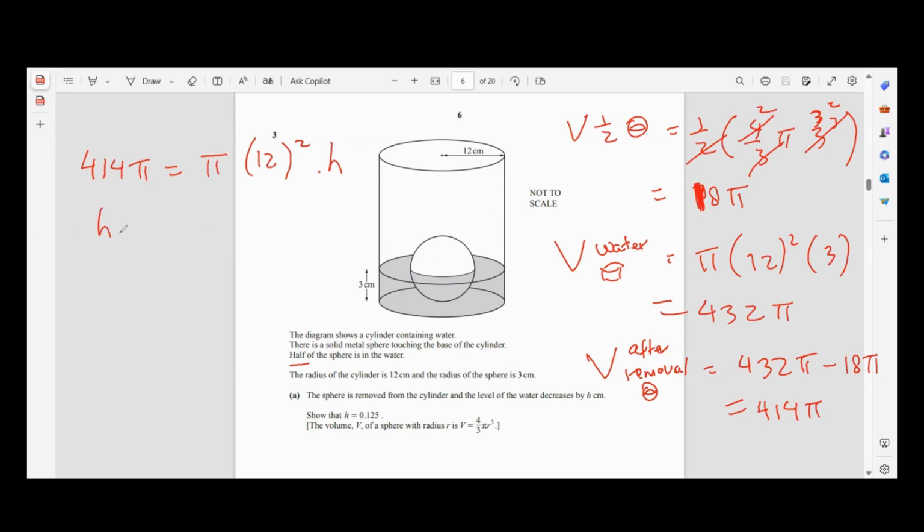Then here we shall get that h is 414 divided by 144, so we shall get 2.875 centimeter. And then for the h decrease, it should be 3 minus 2.875, so it should be 0.125 centimeters. So that's for the A.